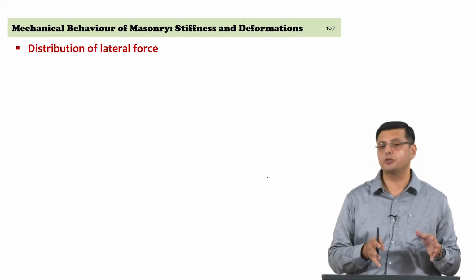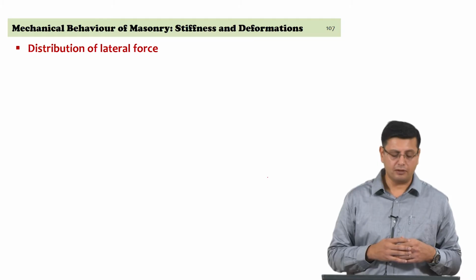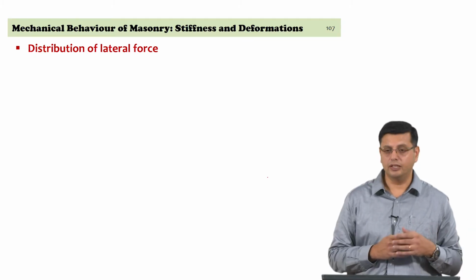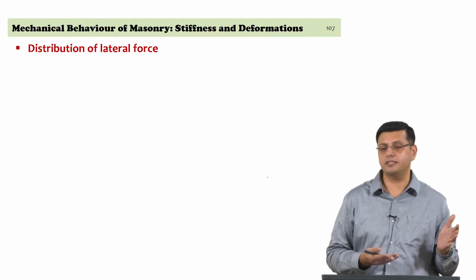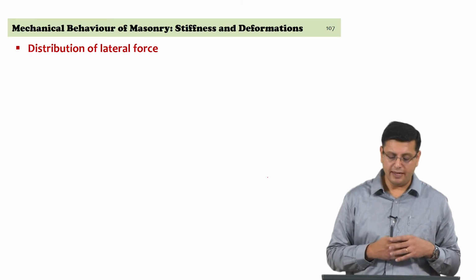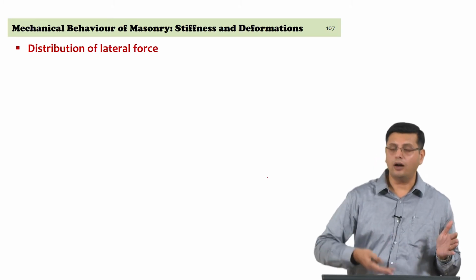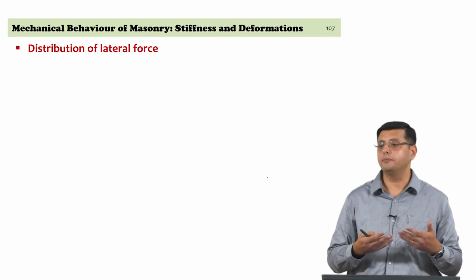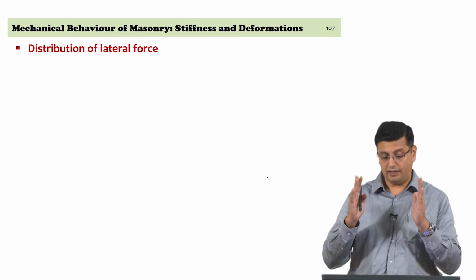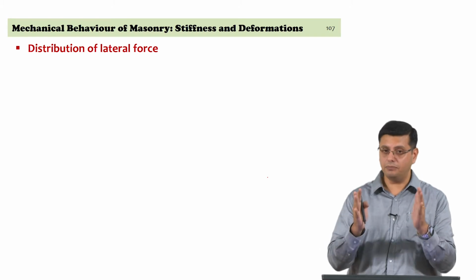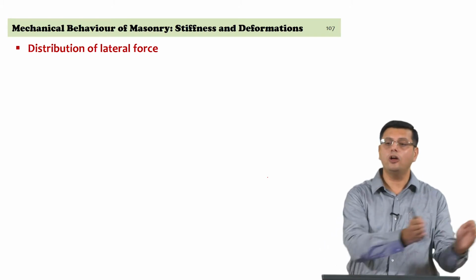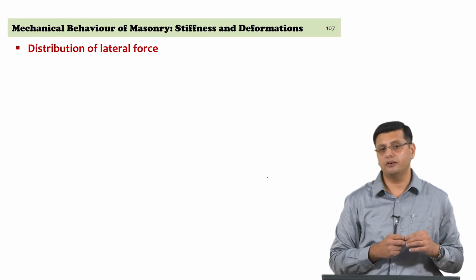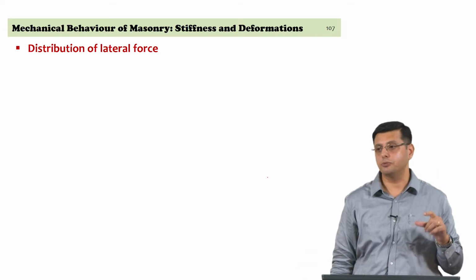So, when I say distribution of lateral force, I am making particular reference to earthquake forces, the base shear that you can estimate under the action of an earthquake, and how this shear demand is going to be distributed, from the base shear demand that the building would experience, all the way up to what shear force a single component is going to be experiencing.